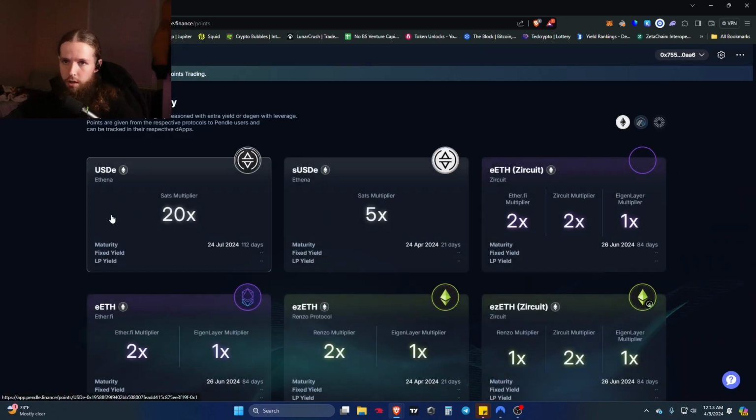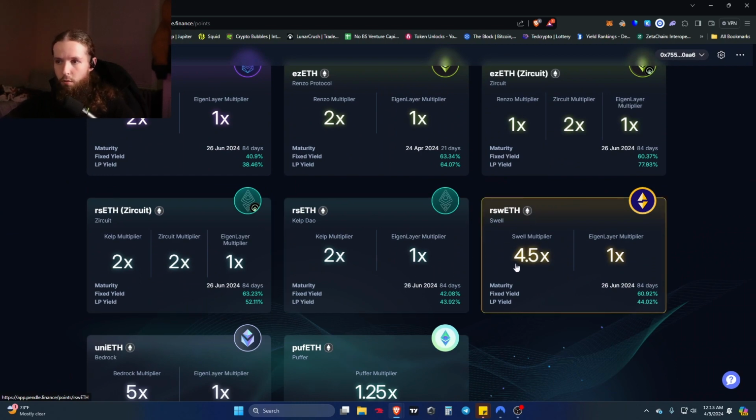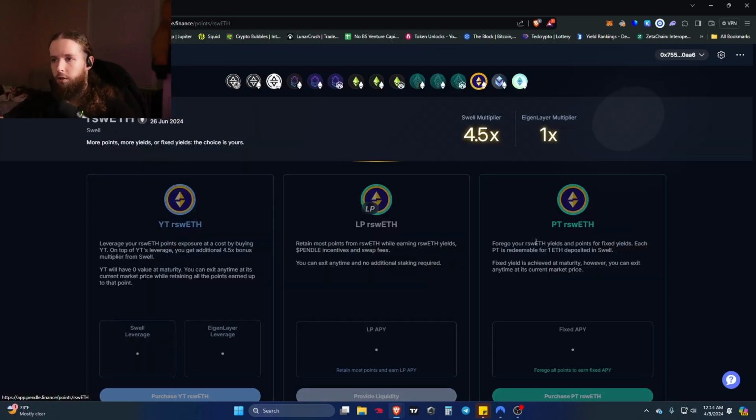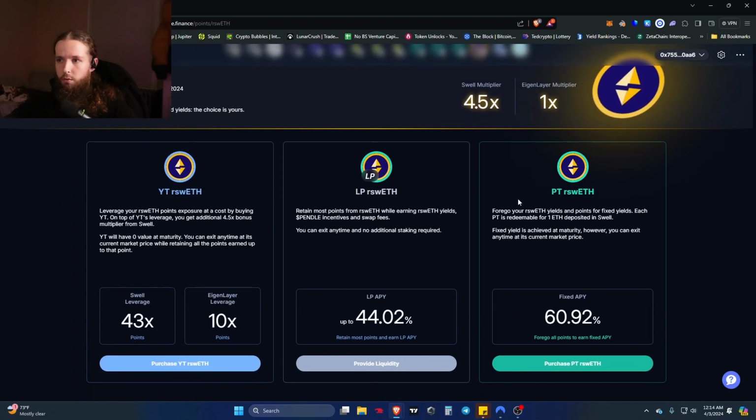go to this points trading here, you'll see you would be earning 4.5% or 4.5x multiplier basically on Swell. So for example, I'll show you how that would work. If you were to purchase the YT, they say it's 43x leverage on the points and 10x leverage on eigenlayer points.